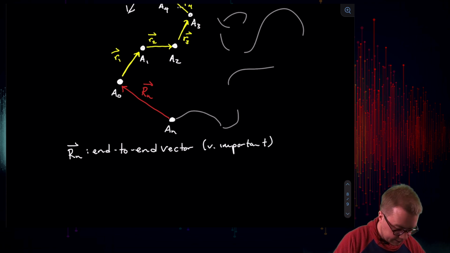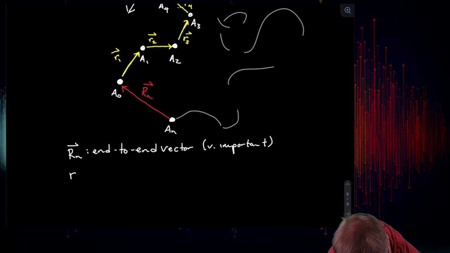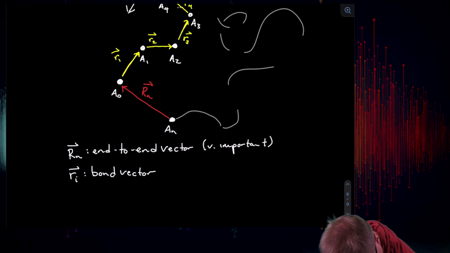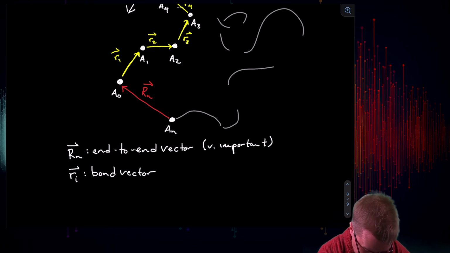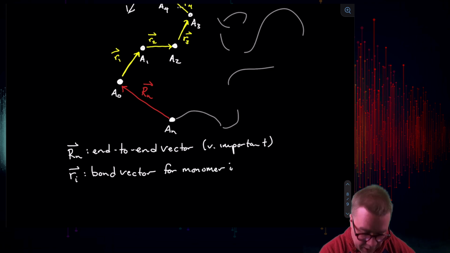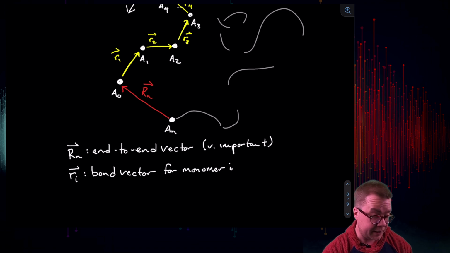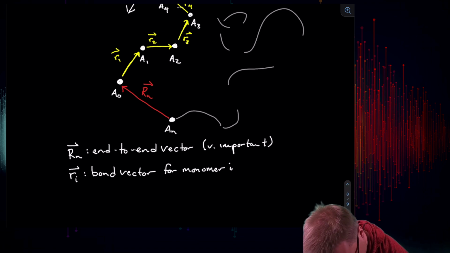And let's see what else. We will call R sub i the bond vector for monomer i. And what it is, it's a difference in the positions between the two monomers.